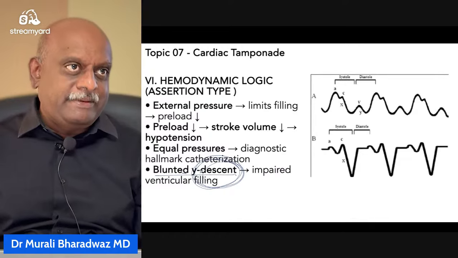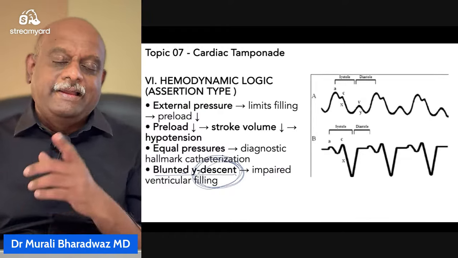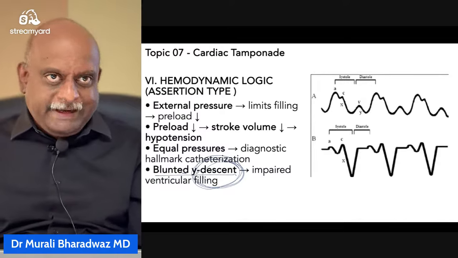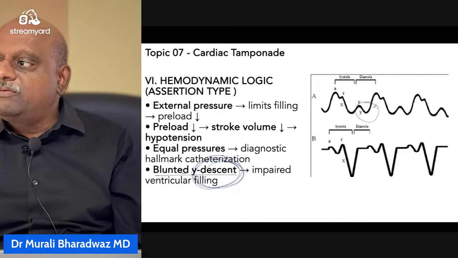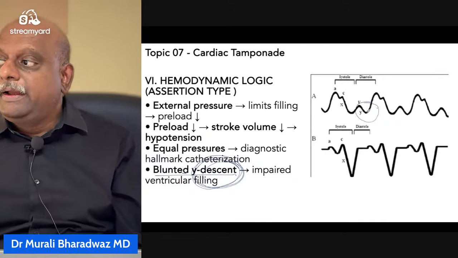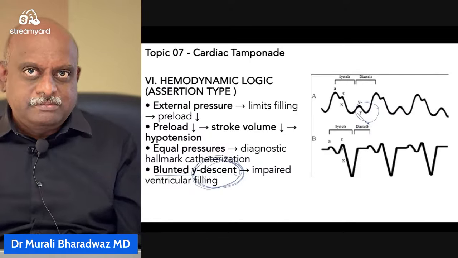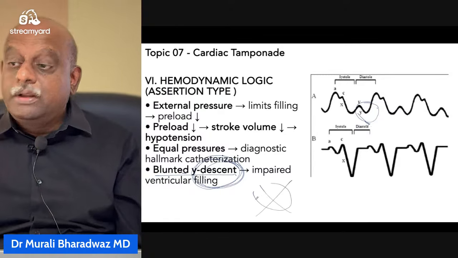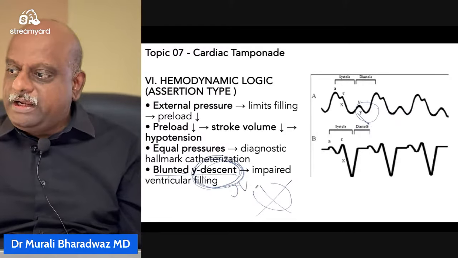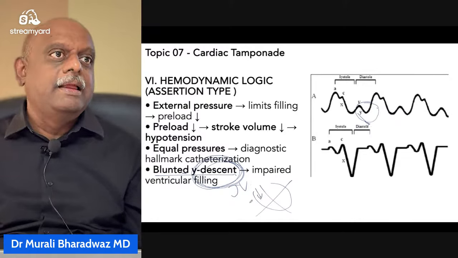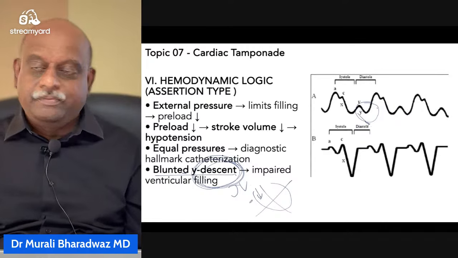Jugular venous pulse. Anyway, I'll discuss that as a separate topic, but still quickly. What is Y descent? Descent is decrease in pressure. It is the decrease in the pressure in the jugular vein, which is the decrease in the pressure in the atrium.